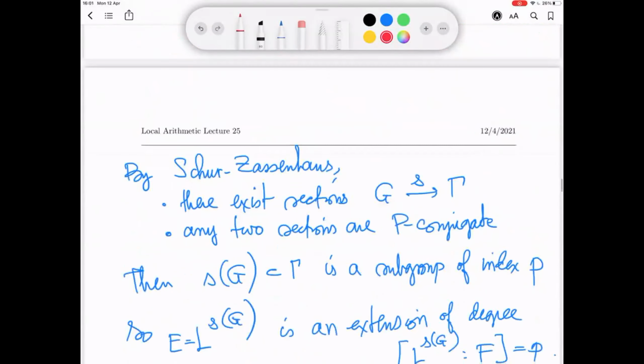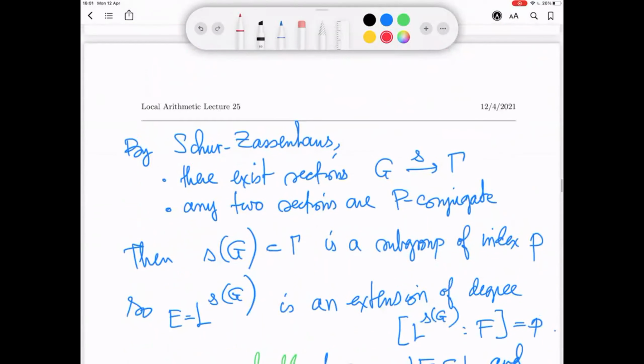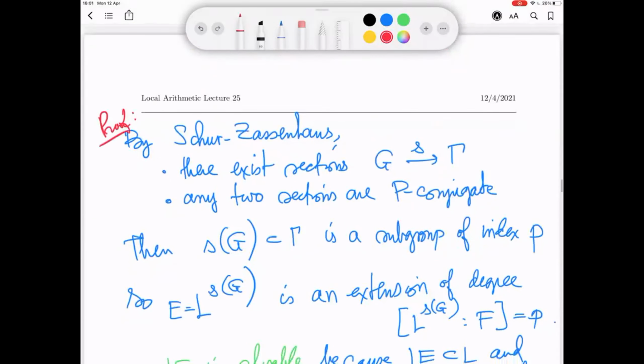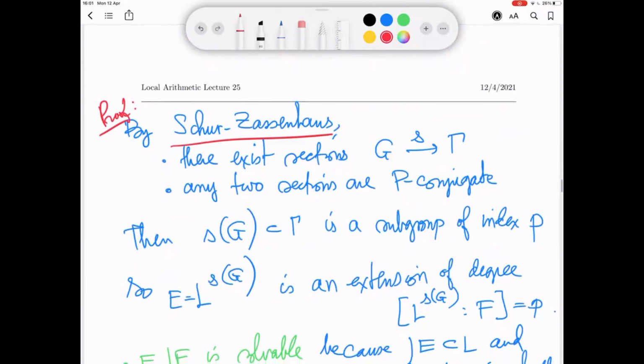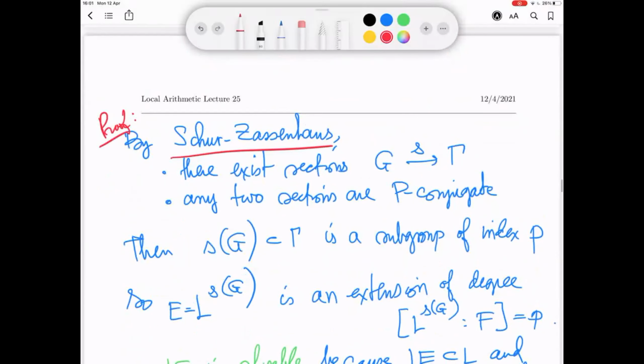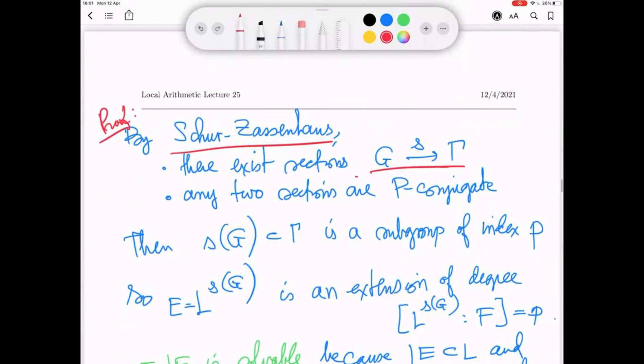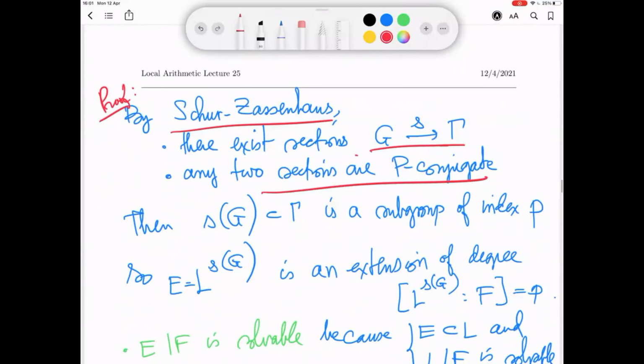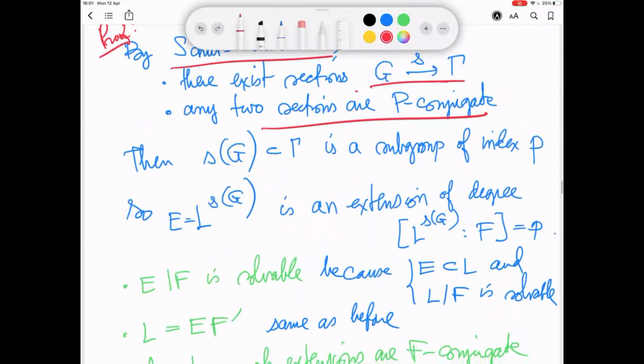Okay, so what's the proof? So this short exact sequence of groups, the order of the quotient is prime to the order of the subgroup. So there is a section, and any two sections are conjugate by an element of the subgroup.